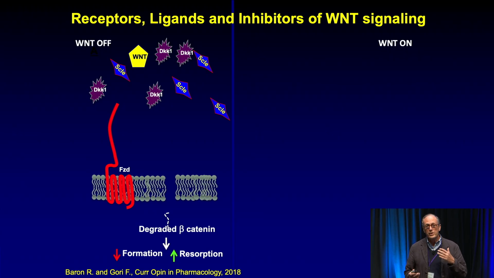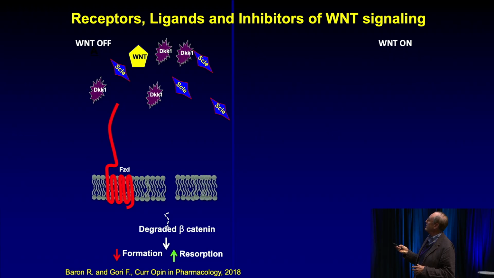So what they do is actually remove LRP5 and 6 from the cell surface. And when this happens, beta-catenin is degraded in the cells, bone formation decreases, and bone resorption increases.